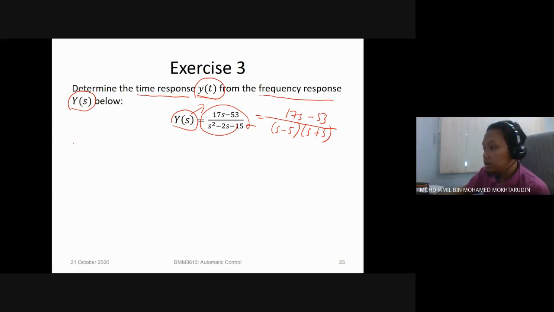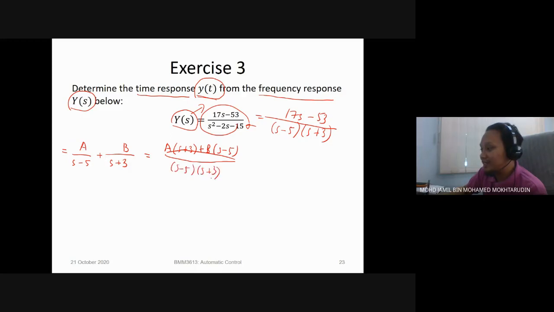You can write a over s minus 5 plus b over s plus 3. Further simplify, you get a times s plus 3 plus b times s minus 5 over s minus 5 times s plus 3.